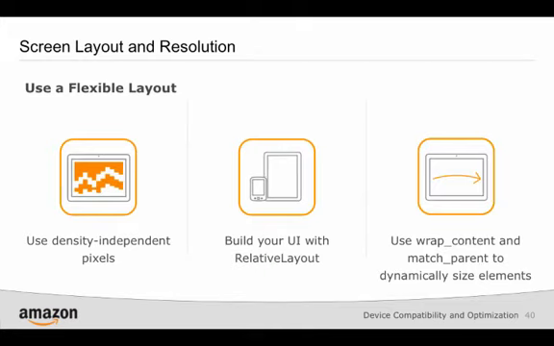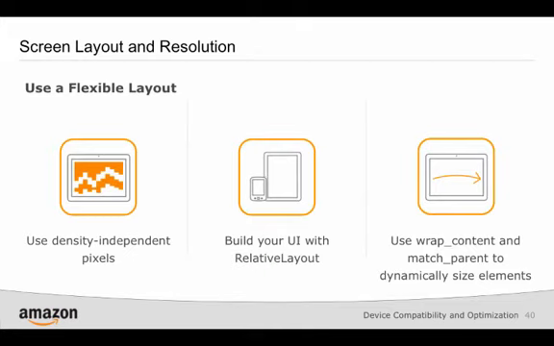Using a flexible layout. If you design your app for a specific device's screen, it may both look and behave differently than you expect when it runs on a device with a different screen size, aspect ratio, or pixel density. Specifically, apps designed for a device with a small screen may not properly scale up to large screens, or may look distorted or pixelated when scaled.